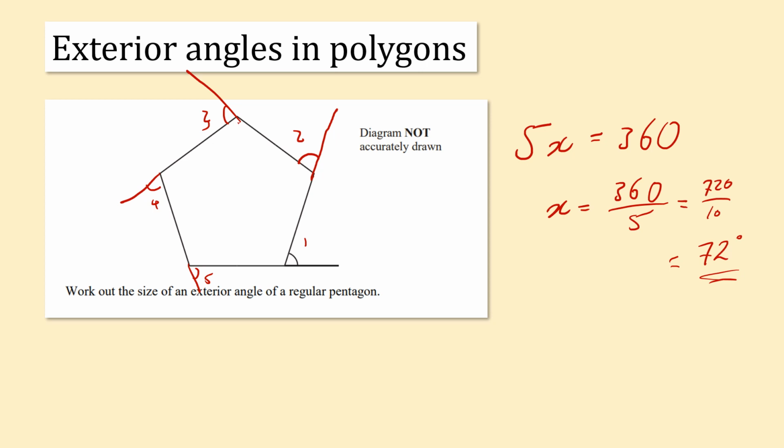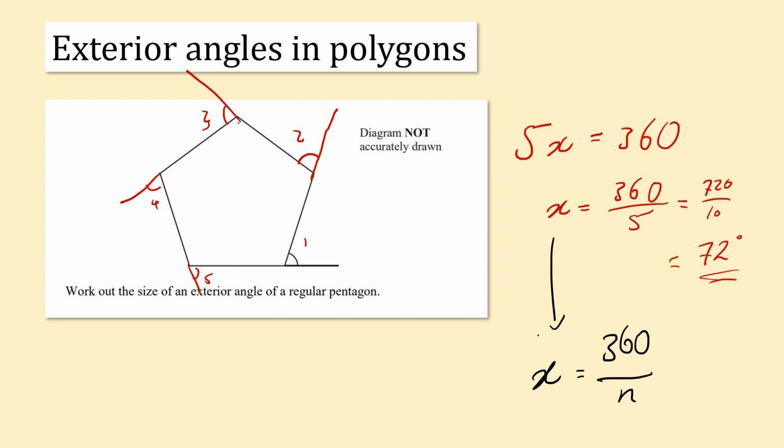So there we go. Now we can generalize that, and we can get a formula from that. So the size of one angle, x, is 360 degrees, and it's always going to be 360 because it always meets at a point, and we know the angles around a point are always 360, and then we divide that by the number of sides.